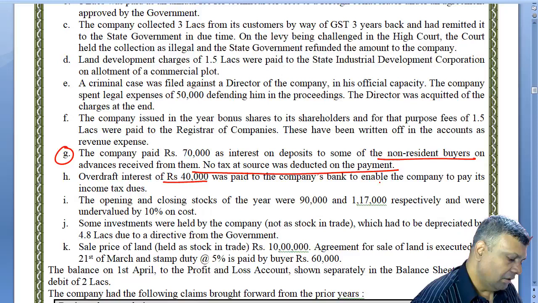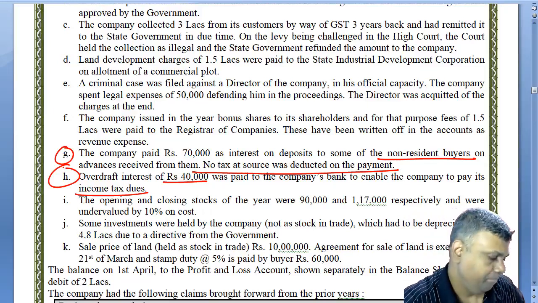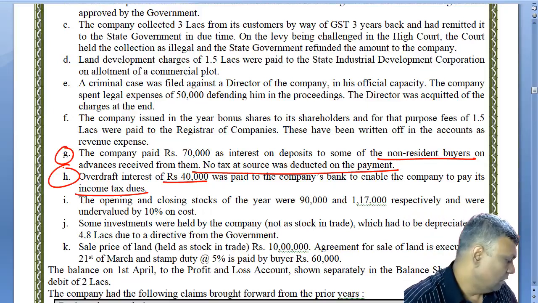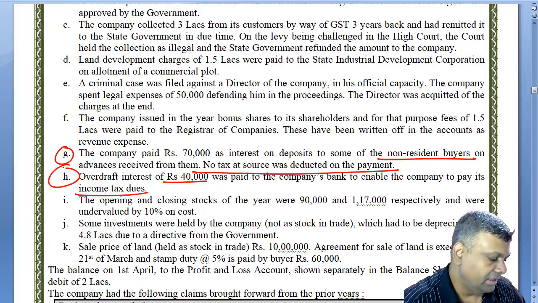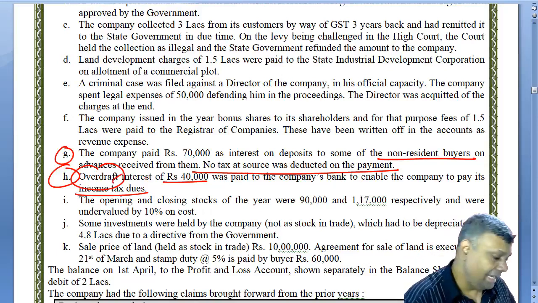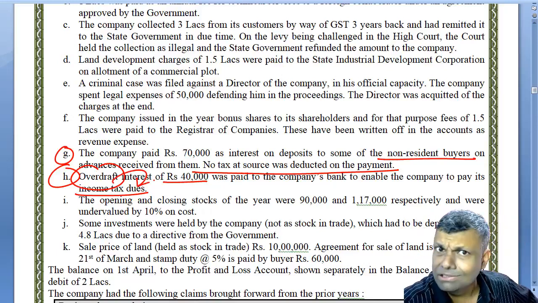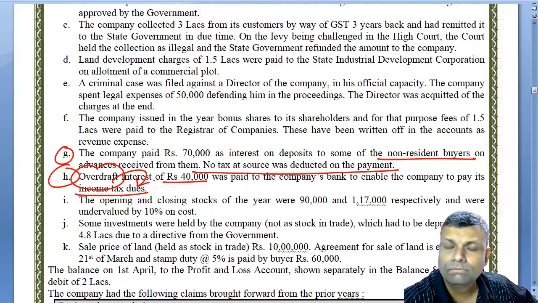Overdraft interest of rupees 40,000 was paid to the company's bank, to enable the company to pay its income tax dues. This is also a very valuable thing. We call it the nexus theory. See what is the nexus here? This overdraft has got a direct nexus with the income tax dues. Income tax is not an allowable expenditure.